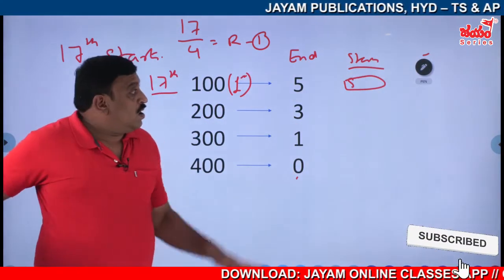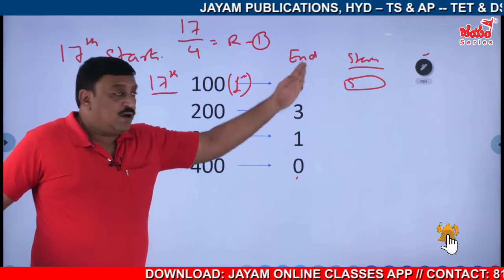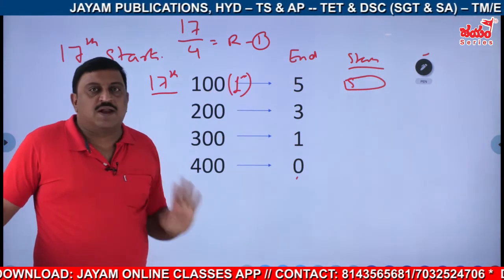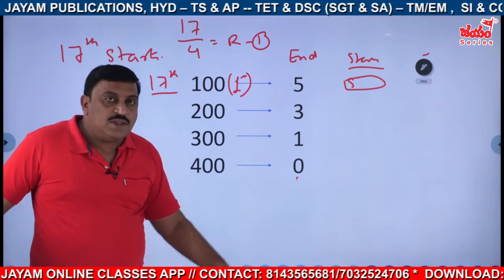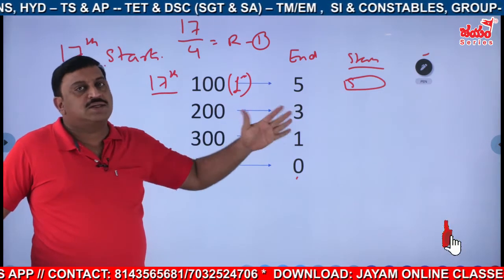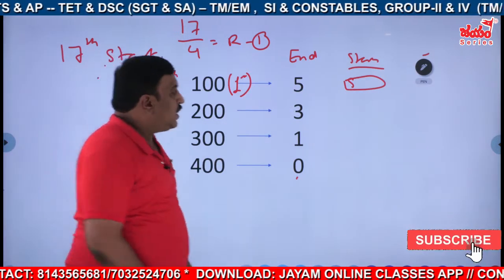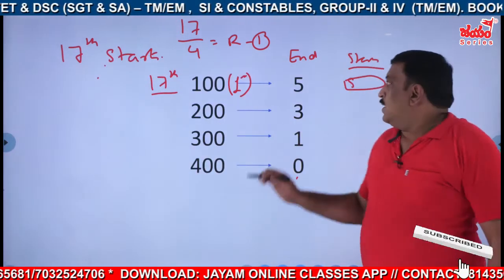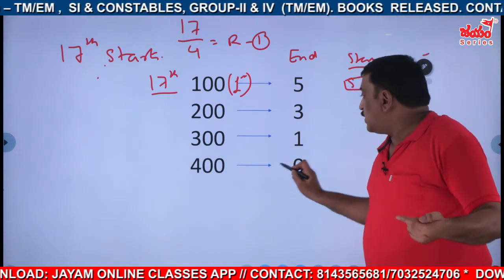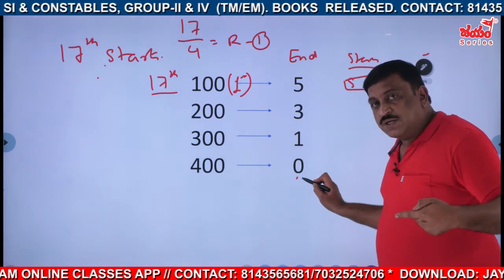Don't take all the starting days by heart. Only this 5310 is enough, right? Whenever they ask about the start, go with the ending of the previous century, get the answer, then give the answer. So here we need to find the starting of the 17th century, which means the ending of the 16th century.